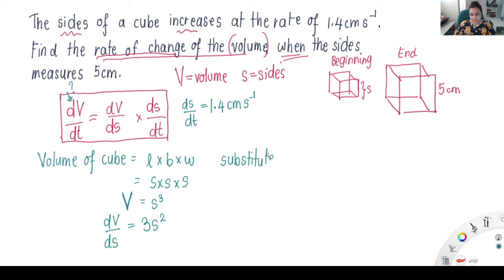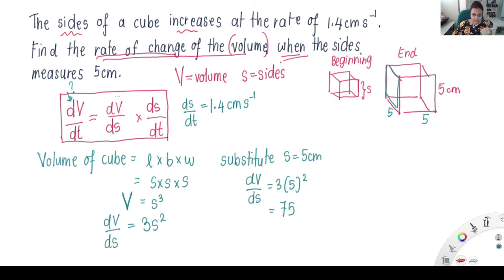Substitute s equals 5 cm, because they want the moment when the measurement has already increased. So dV/dS will become 3 times 5 squared, so 3 times 25 will be 75. So this is our dV/dS.